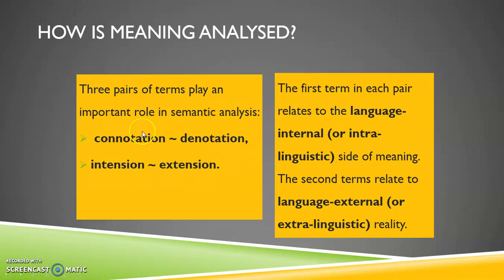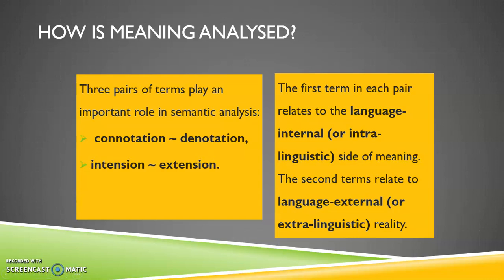The first term in each pair relates to the language-internal or intralinguistic side of meaning. So what you represent, what is your idea of it? And the second term, denotation or extension, denotes the language-external or extralinguistic, what it represents.